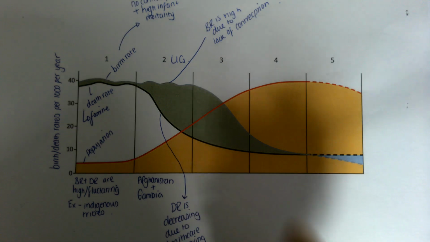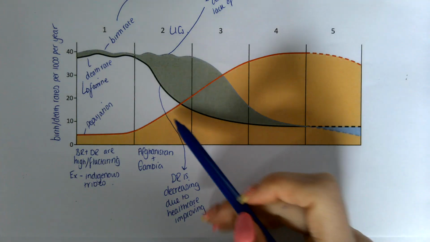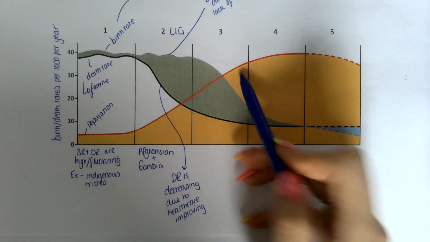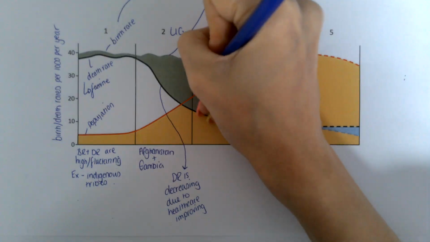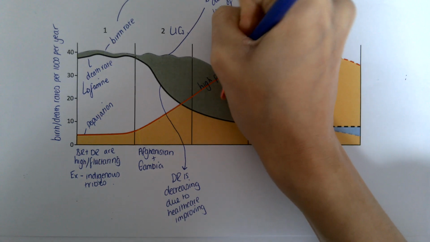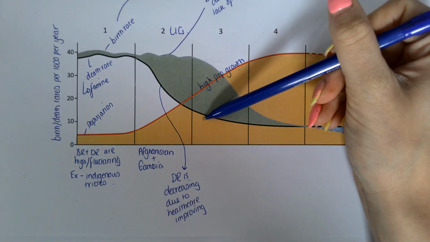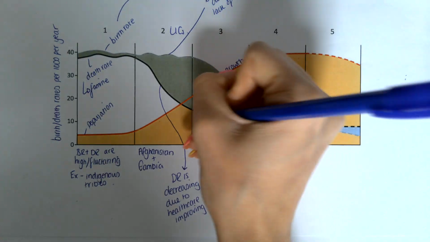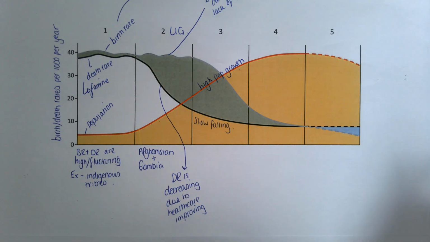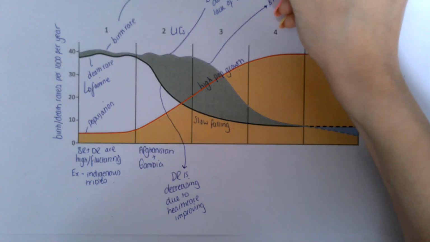Okay, we get to stage 3, and you will notice your population is actually now rising. So your population growth is quite high. And you will notice your death rate here is slowly falling, whereas your birth rate is rapidly falling.